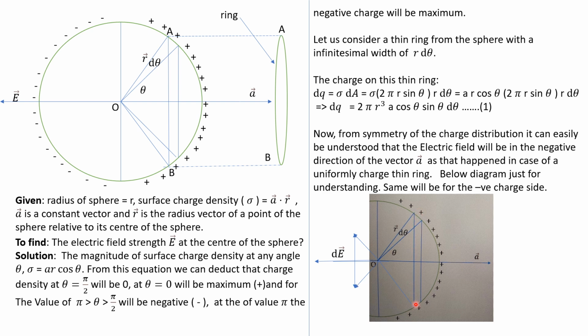Just opposite to it, the same quantity of charge will also have an E field of the same magnitude in this direction. The vertical components are the same but opposite in direction, so they cancel out. The components along the axis add up and give the electric field strength dE, like this.